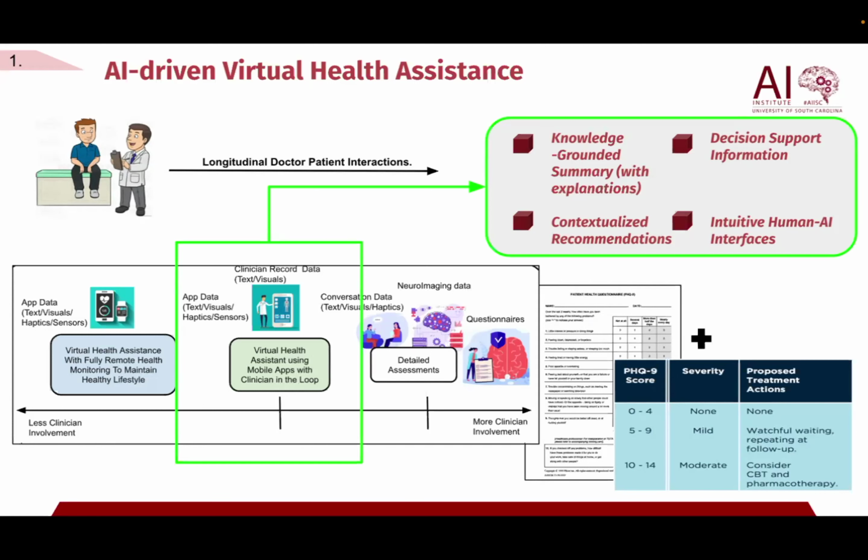On the left side of the spectrum, you have purely monitoring style tasks. So if you have a device like a Fitbit on your person, your phone already records a lot of health information about you, for example, if you keep those apps on. And on the right-hand side, you have procedures that are more or less invasive in nature.